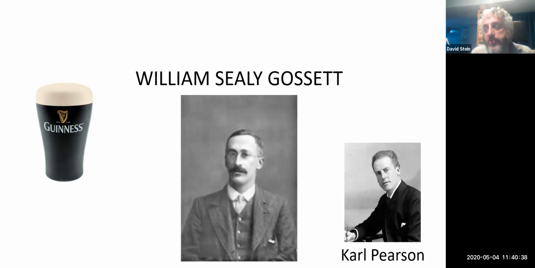And Gosset goes to Pearson and says he has this issue that he's worried about, doing the procedures that he knows on small data sets. And Pearson says, well, don't do it on small data sets. And Gosset says, well, I have to, because I'm working in industry and we don't necessarily have the biggest data sets.